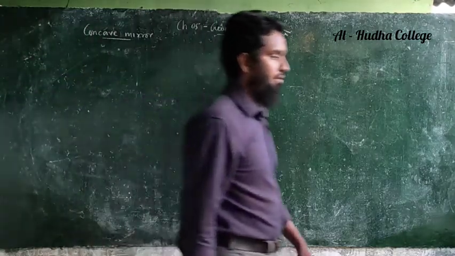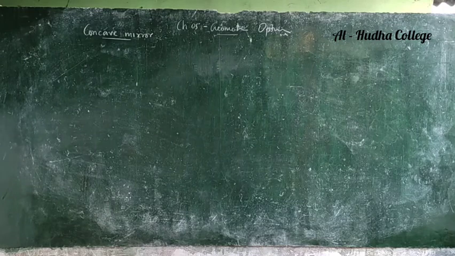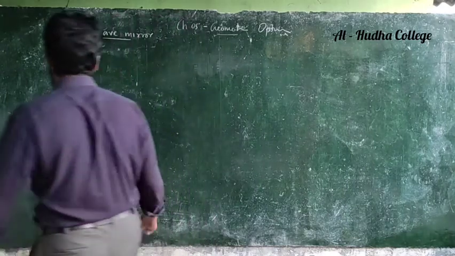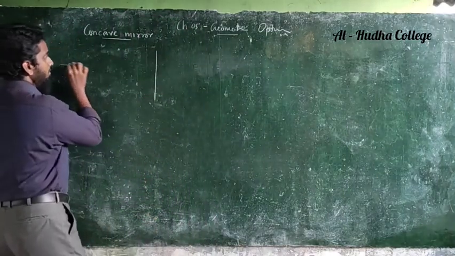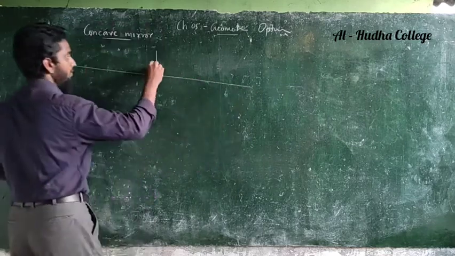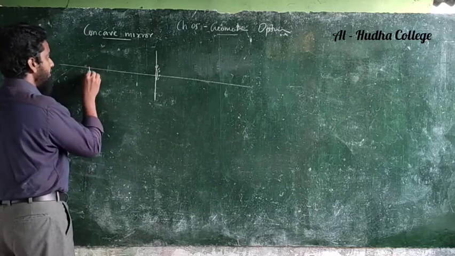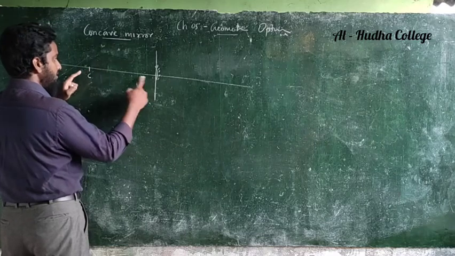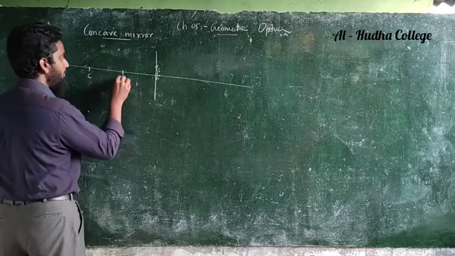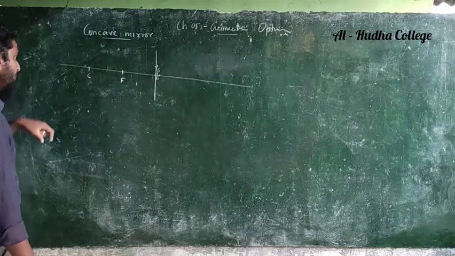Take your notebook and put concave mirror, and we are going to draw this. I'll show you. This is a concave mirror. Center of curvature is going to be here. If you take this length as a distance, half of that distance is where the focus is going to be.